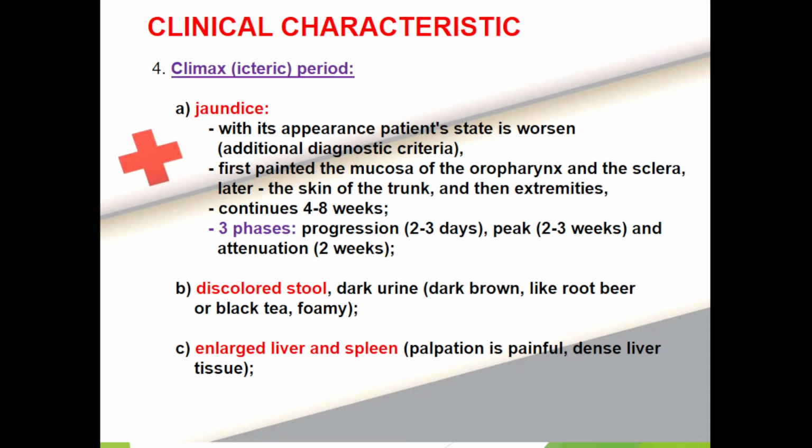Climax, the icteric period, jaundice appears and the patient's state is worsened. Additional diagnostic criteria: remember, hepatitis A gets better and hepatitis B worsens after jaundice appears.